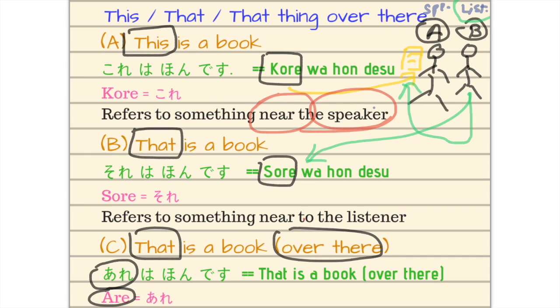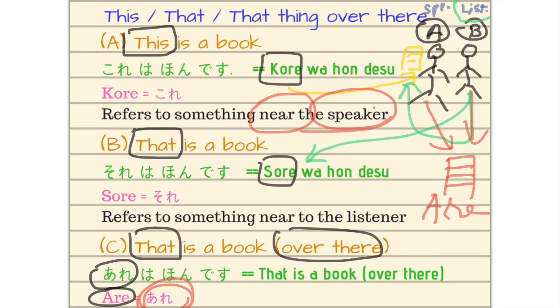The third concept we have is are. Suppose here is a shelf and this shelf is away from both A and B. Now both A and B will refer to it as are.